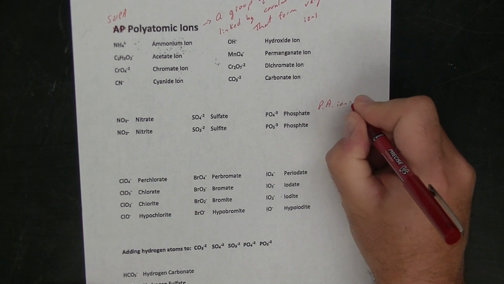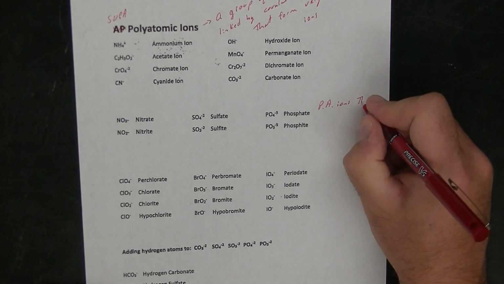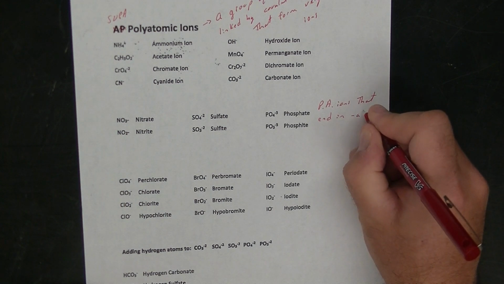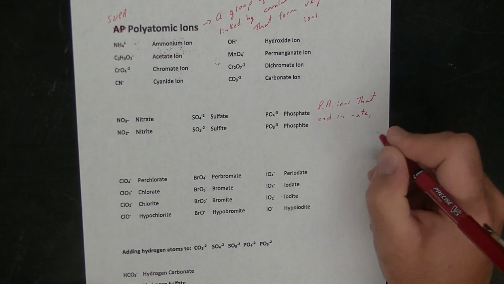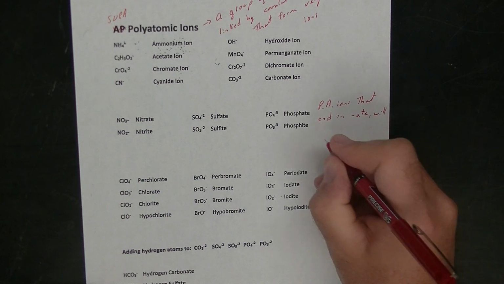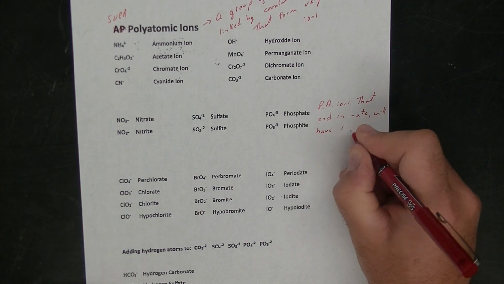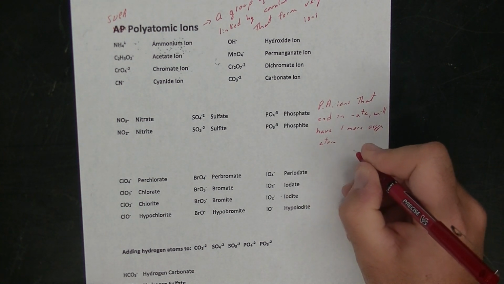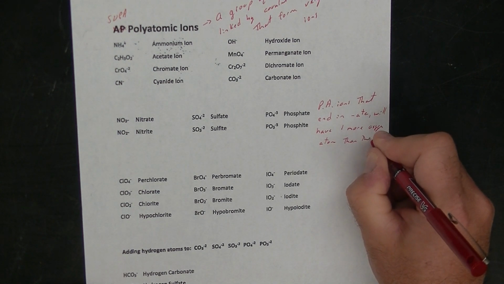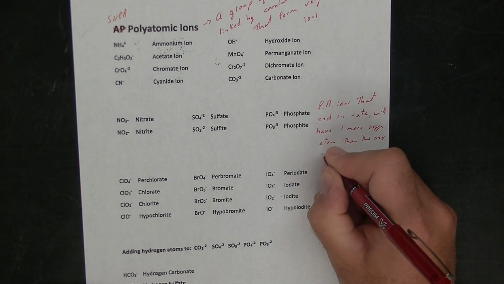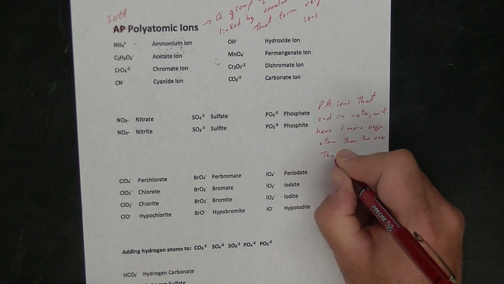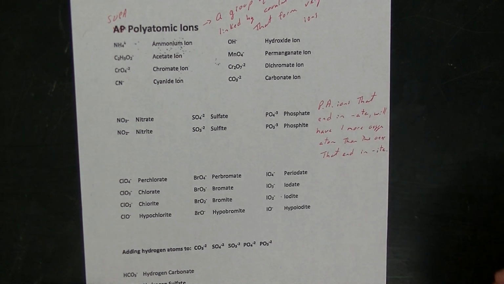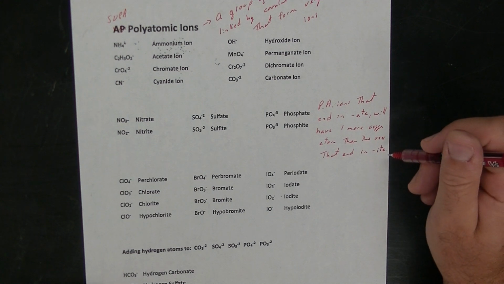Polyatomic ions that end in ATE will have one more oxygen atom than the ones that end in ITE. Okay, ATEs have one more oxygen than ITEs.